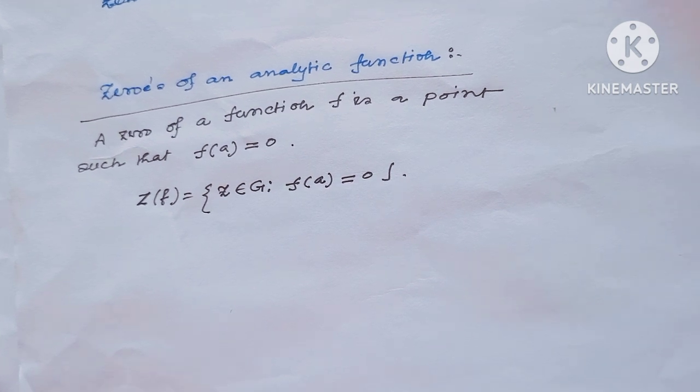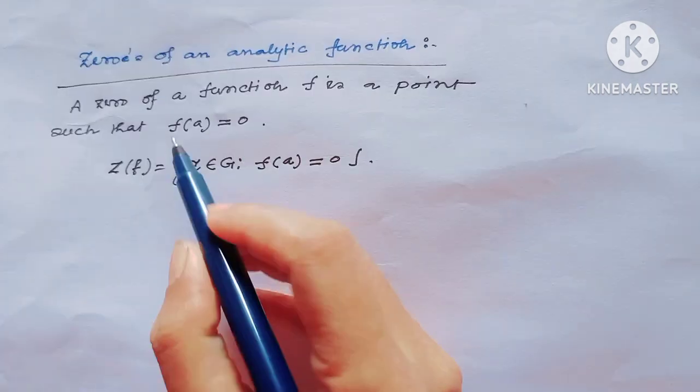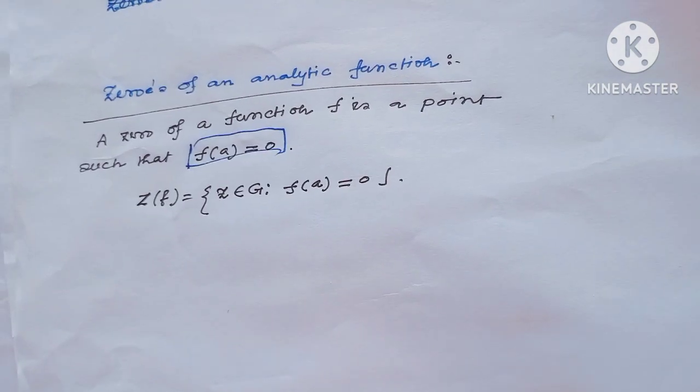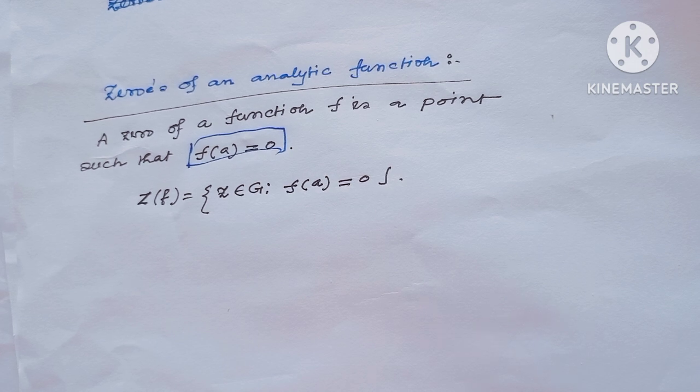Actually, this is a point a such that f(a) = 0, and Z(f) is the collection of zeros of an analytic function. This is the set of z in G such that f(a) = 0, where a is a zero of the analytic function.